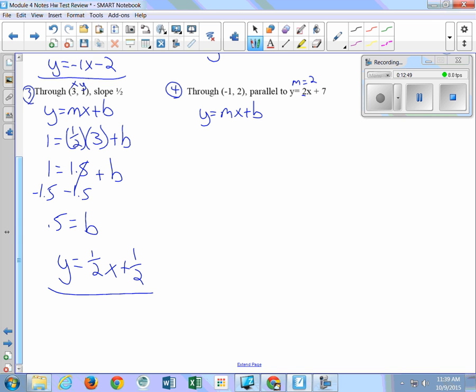Fill in the information. This 2 equals 2 times -1 plus b. 2 equals -2 plus b. Add 2 to both sides. Doing opposite operation. So b equals 4. My equation is y equals 2x plus 4.